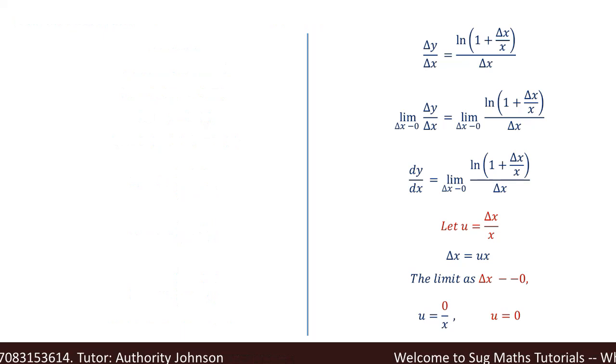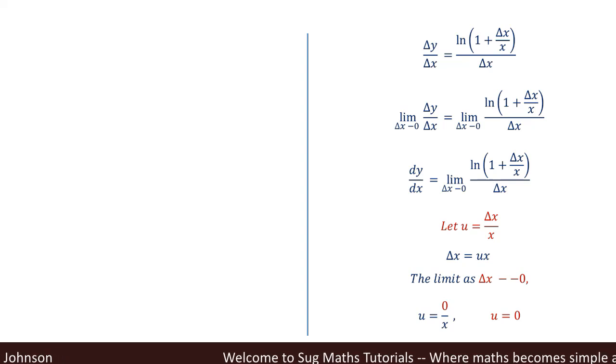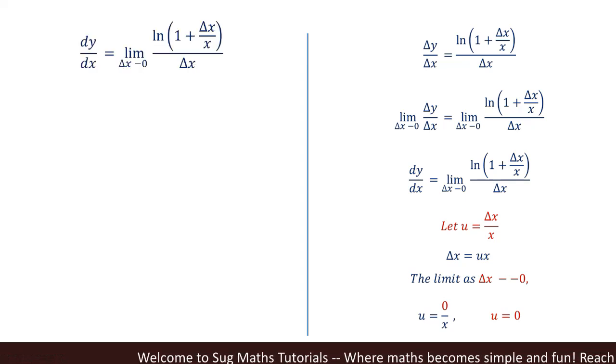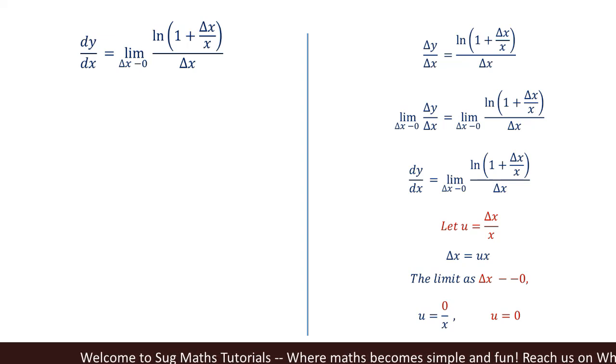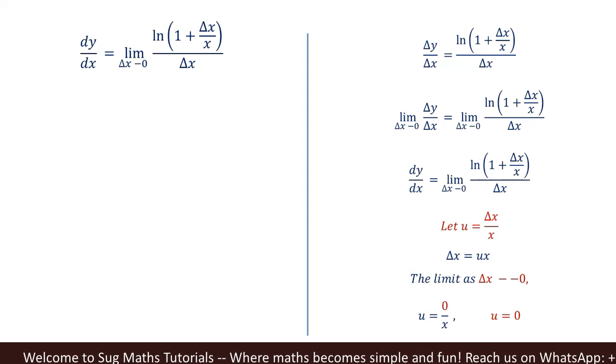So therefore, the limit as change in x approaches 0, we are making a substitution, u equal to change in x all over x. The limit is now going to shift from change in x to u. So as change in x approaches 0, u will also approach 0. Now look at it. We have dy all over dx is equal to limit as change in x approaches 0, ln of 1 plus change in x all over x, all over change in x.